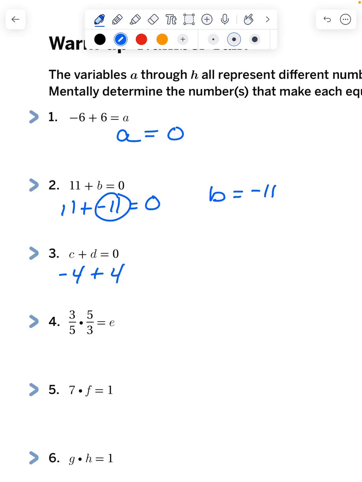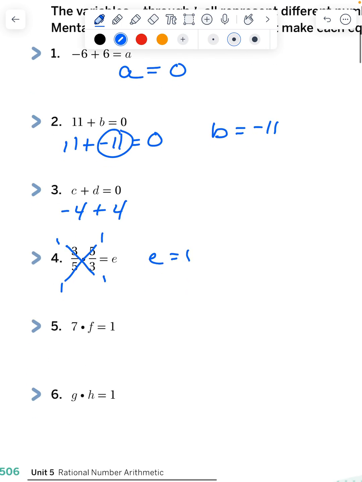On number 4, E, if you cross cancel, those 3's become 1's, those 5's become 1's. If you didn't cross cancel, you're just multiplying straight across and getting 15 over 15. So E is 1. On number 5, 7 times something is 1/7.